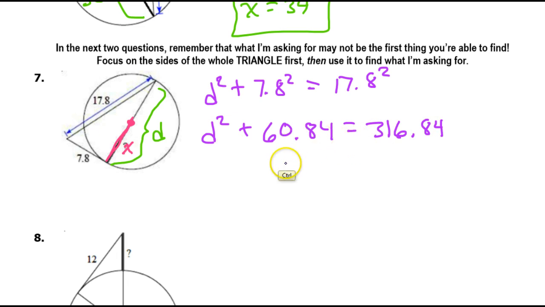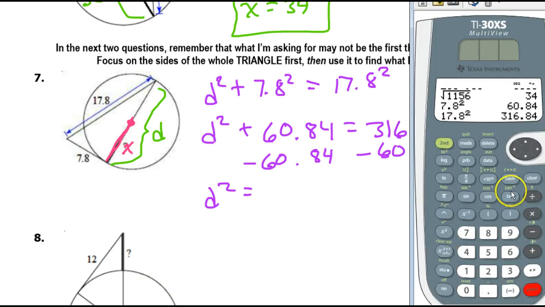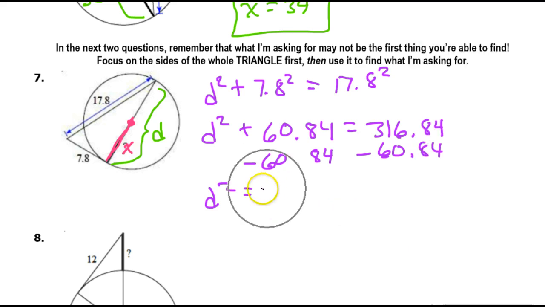All right, so far so good. Let's subtract 60.84 from both sides. That's 256.